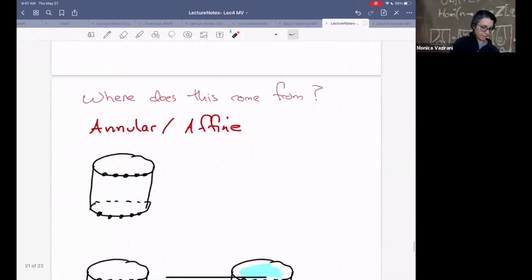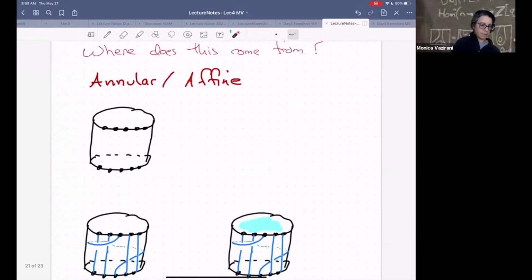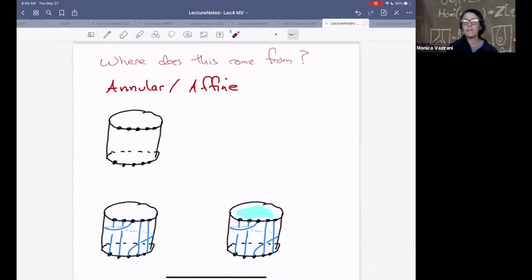Oh, right. And then, where do these pictures come from? You could say, well, I was happy with that sort of C_{n-1} picture. But the real place where I think of them coming from is that you can put this on a cylinder. We can go to the affine world, or the annular world, on a cylinder or on an annulus. You can take the i-th strand and wrap it around the cylinder. And that lives well in the affine world.